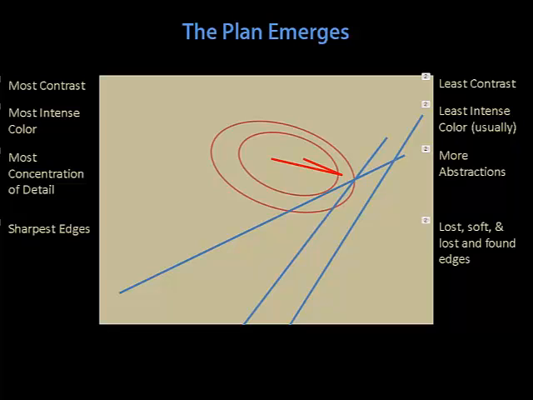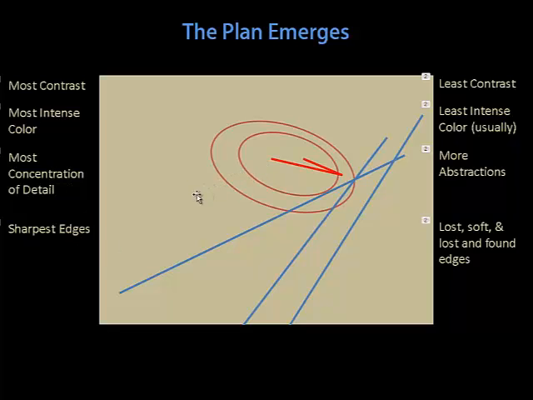Now let me pause and say this is a very key moment for artists, because this is where most problems begin. This is where the root of almost every problem you have to struggle and wrestle with begin. Because inside this ellipse right here, where her eyes and her face are, you're going to have the most contrast, the most intense color, most concentration of detail, and the sharpest edges.